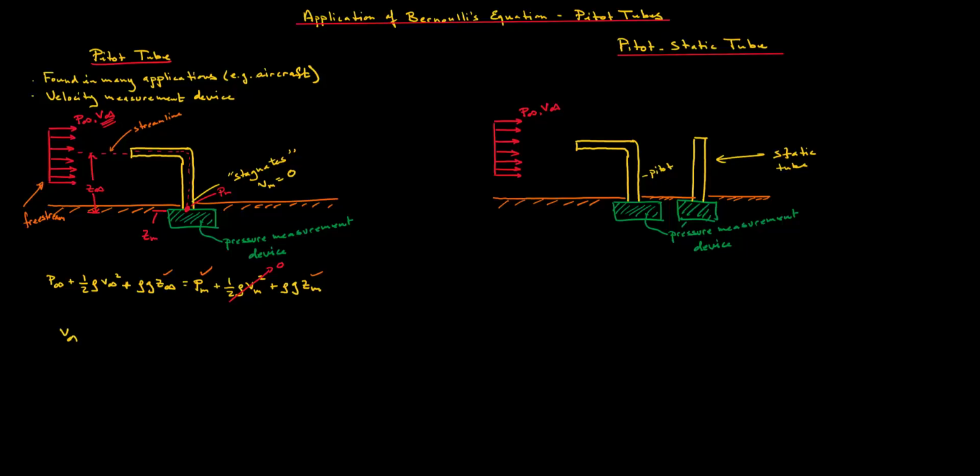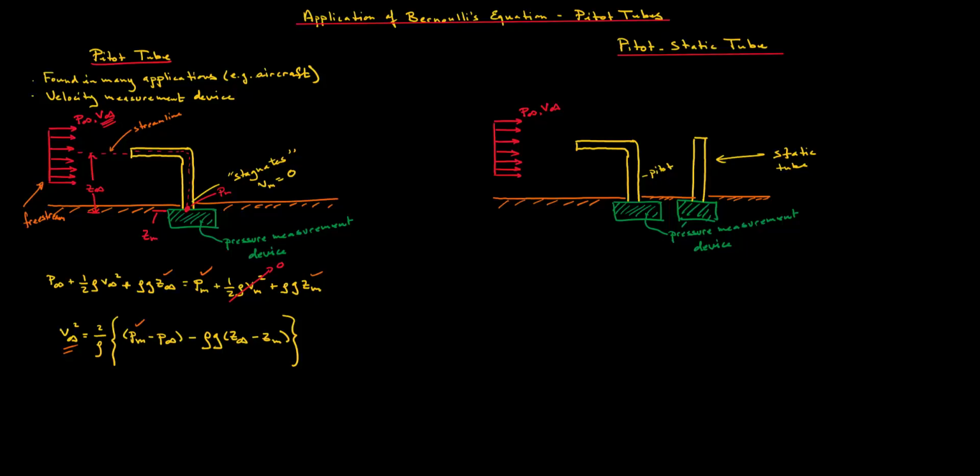We find that V infinity is equal to the square root of 2 over rho multiplied by Pm minus P infinity minus rho G times Z infinity minus Zm. So if we have a way of measuring Pm, such as a MEMS sensor, we can find our free stream velocity V infinity.